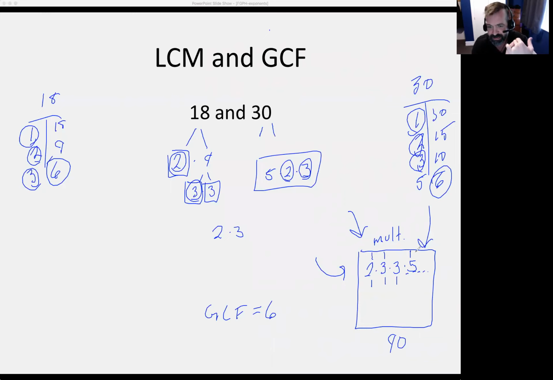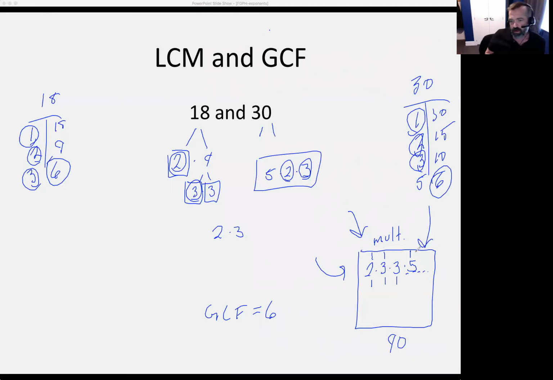So the least common multiple is what? 2 times 3 times 3 times 5, which is 90. All right. Multiples are many, bigger. Factors are few. So Danielle, you gave me a factor. All right. So multiples are many.